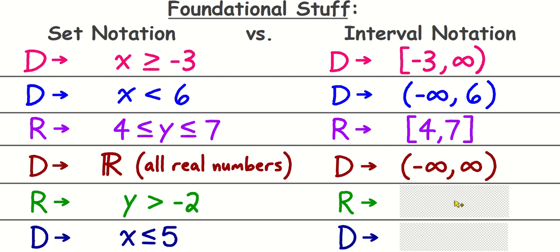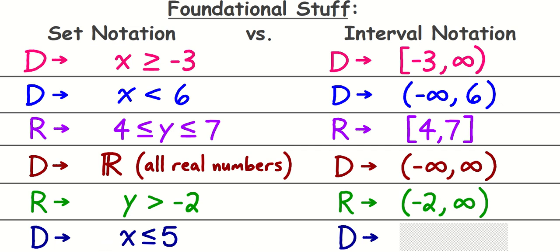What do you think the interval notation would be? It would be a parenthesis on the -2 because we're not including -2, a comma, and then we go up to positive infinity, and another parenthesis.